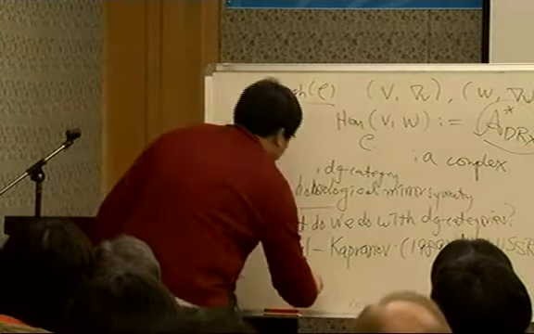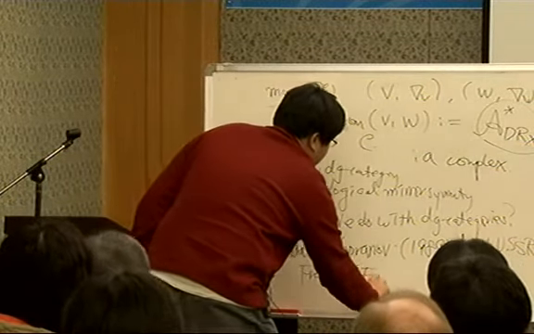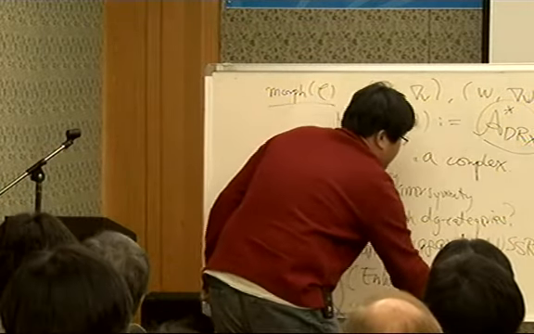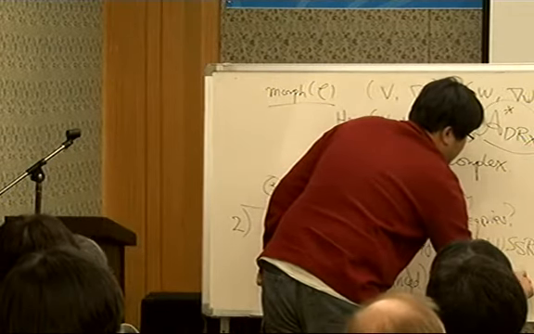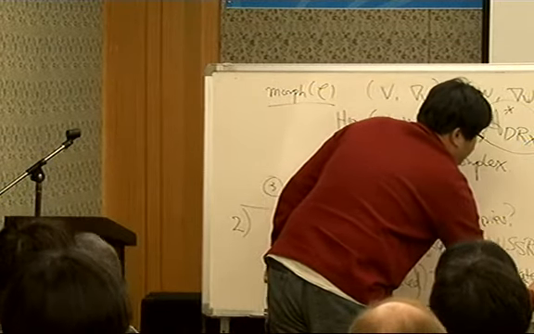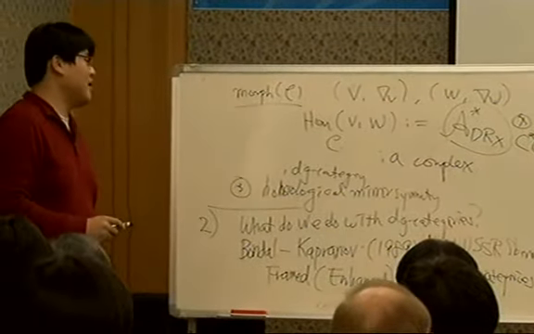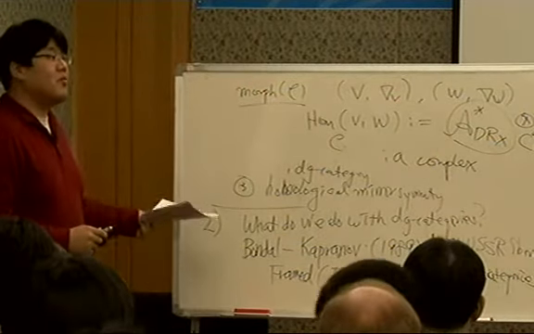So you can probably find framed or enhanced triangulated categories. And although it sounds very horrible, because most people hate triangulated categories, this is actually quite a simple formalism.